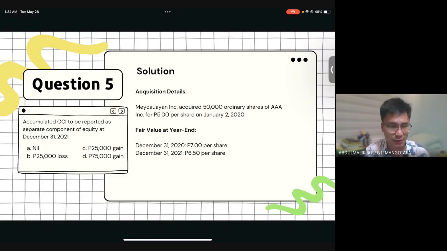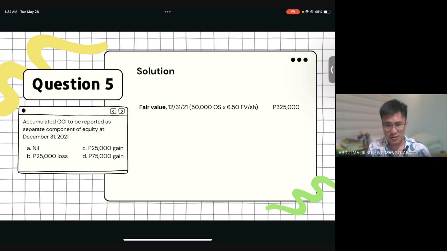And also here are the fair values per share at year end for 2020 and 2021: 7 pesos per share and 6.50 per share respectively. Next is the calculation of the fair value of investments.